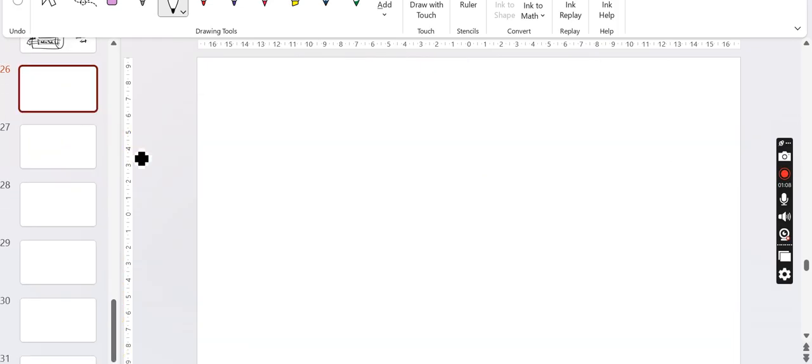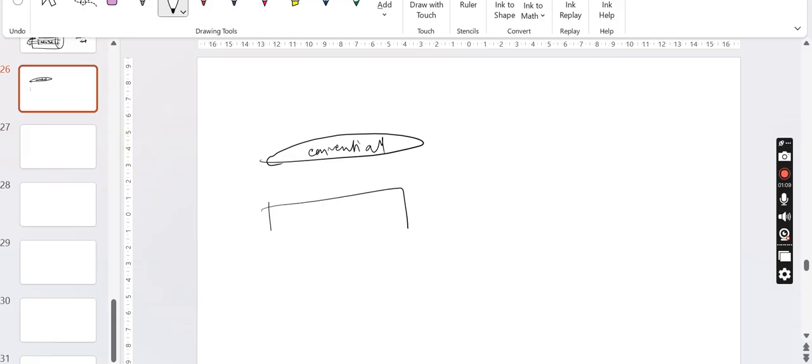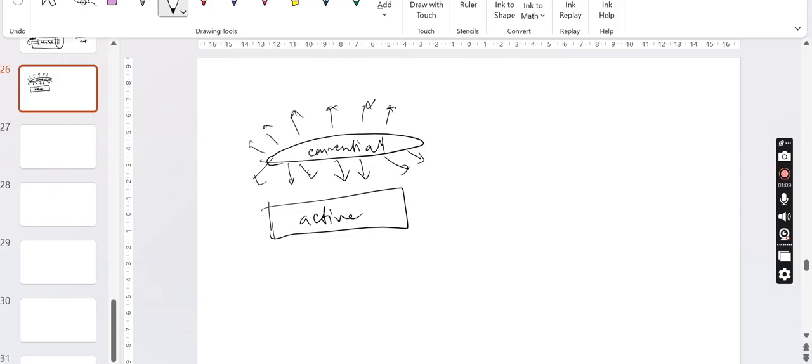Here it is a conventional light. This is the active medium. Conventional light discharges in every direction, so it is not that powerful.